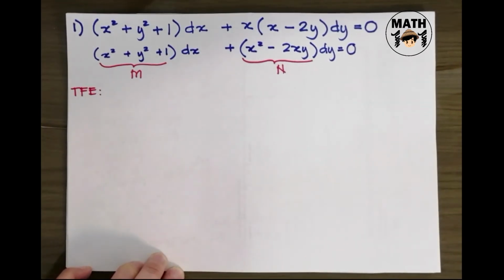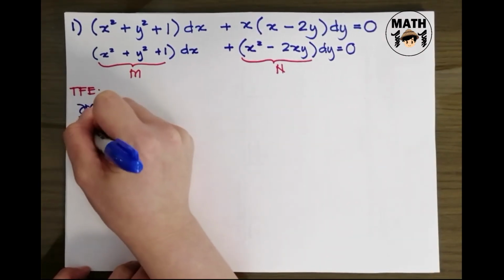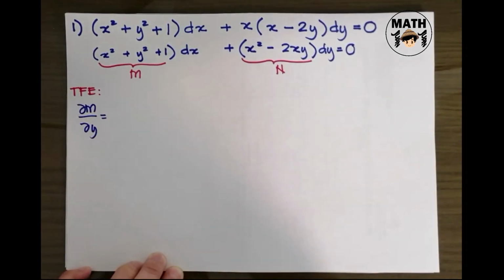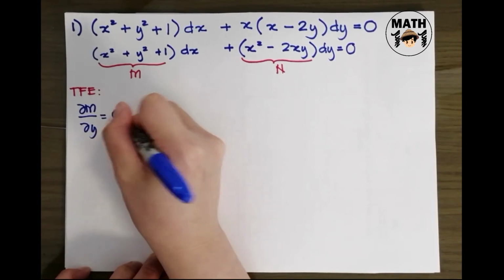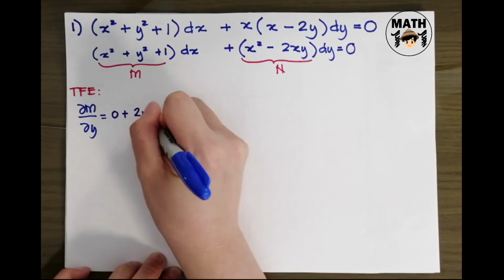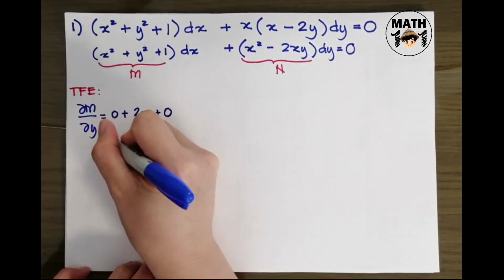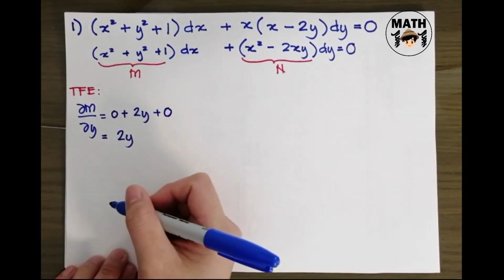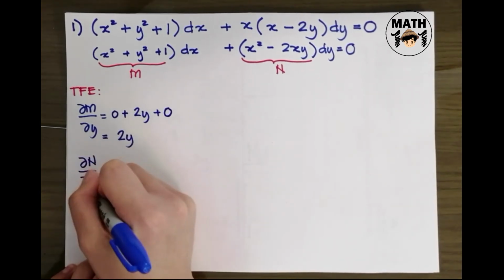To check if it is exact, we'll take the partial derivative of m with respect to y. Then later, we'll take the partial derivative of n with respect to x. For x squared, that is taken as constant, so that's 0, plus y squared, the derivative is 2y, plus the derivative of 1 is again 0. Simplifying this, we'll have 2y. Next, let's solve for the partial derivative of n with respect to x.